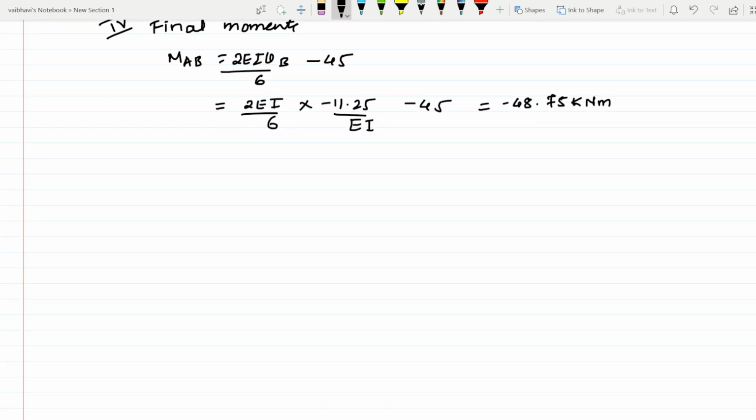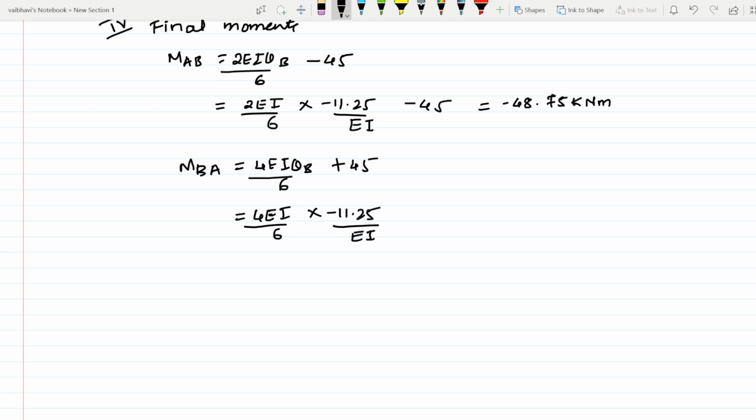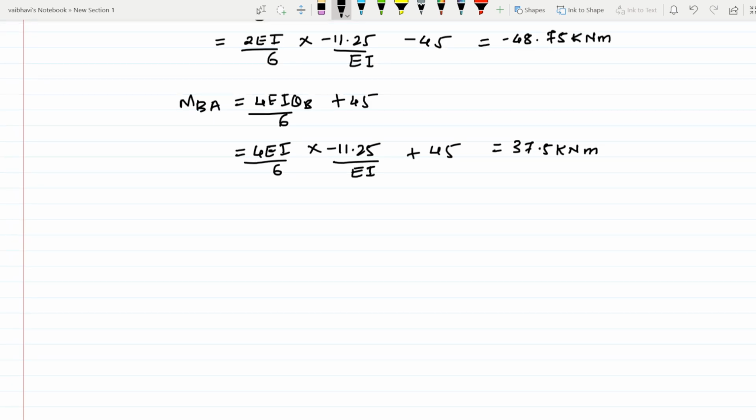Then MBA equal to 4EI theta B by 6 plus 45. So 4EI by 6 into theta B is minus 11.25 by EI plus 45, which is equal to 37.5 kilonewton meter. Now we got MAB, MBA values.